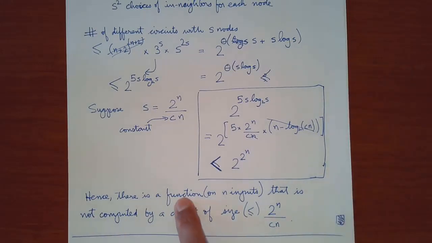So to compute this function, you need at least 2 to the n divided by Cn. And that gives us our lower bound.